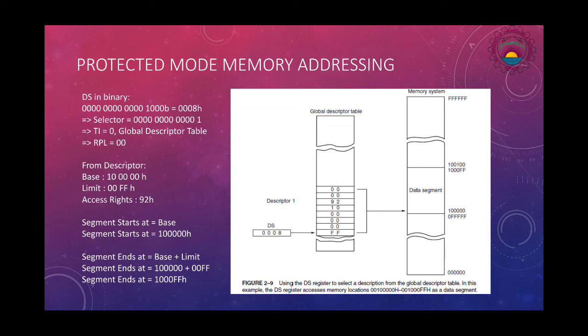So then you may extract selector from there. So selector will be 00000000000001 and TI bit is 0, that is showing that you are going to access global descriptor table.